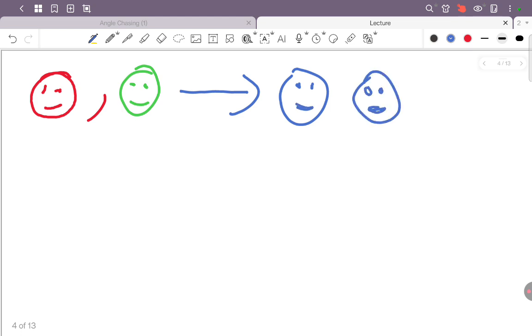So one red and one green turn into 2 blue.